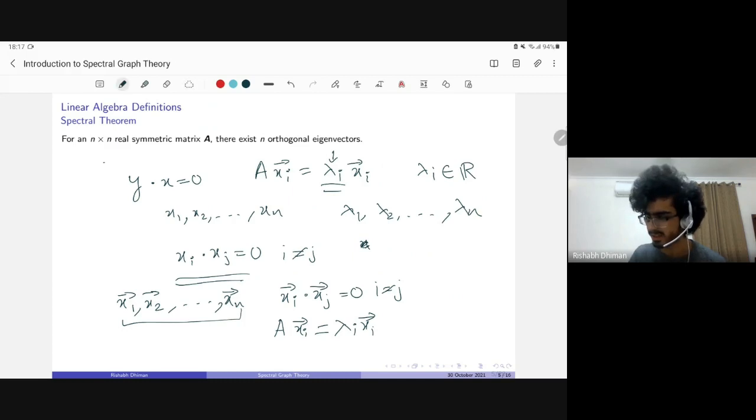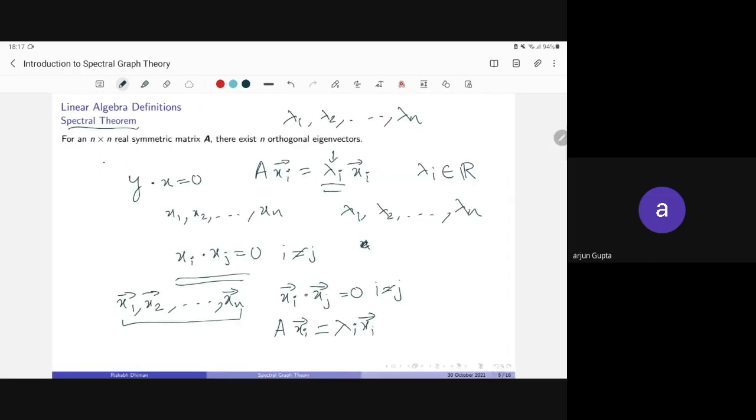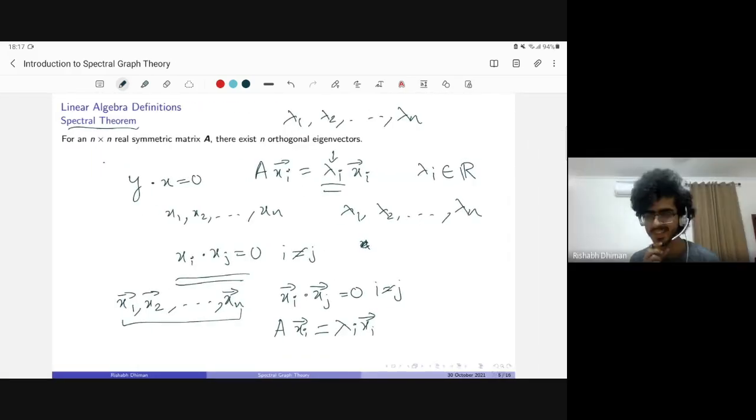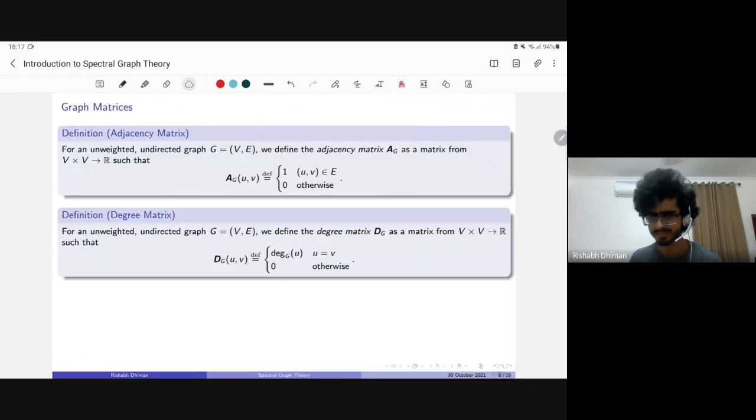All you really need to know is that this result guarantees there will be n different eigenvalues. I'll just come back to it later because you won't need it for a bit.